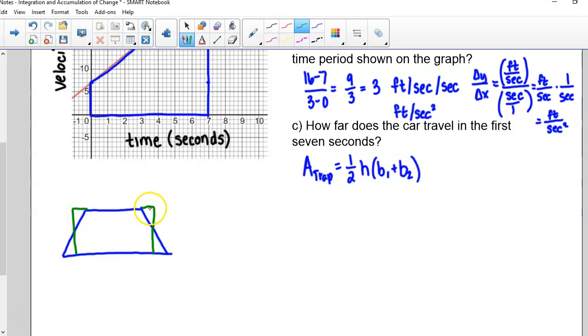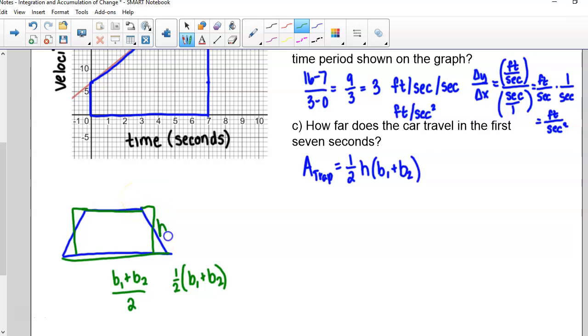Well, you can kind of do that by finding the average of these 2 sides right here. So if you were finding the average of those 2 sides, you'd take B1 and B2 and add them together, and then divide by 2. Or you might do B1 plus B2 times 1/2. That'd be the average of those 2 bases.